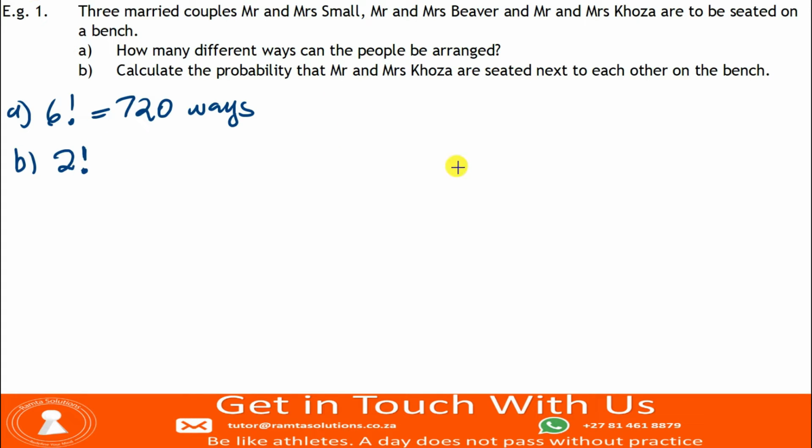And while you are on it, this couple will be a unit. So we are left with Mr. Small, Mrs. Small, Mr. Beaver, Mrs. Beaver, and the couple. All right. So this seat can take six people. Now we have arranged our couple.